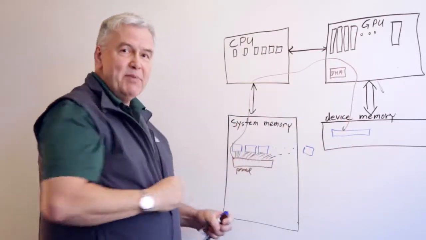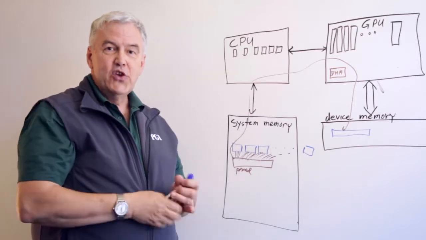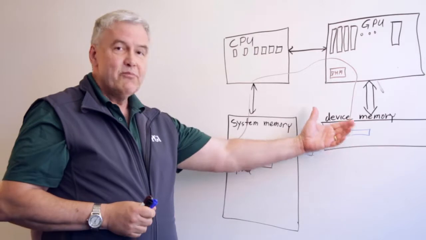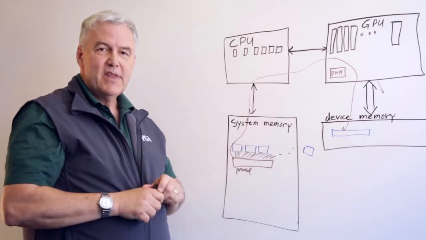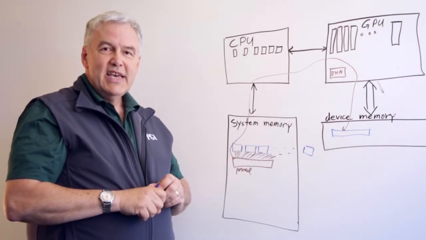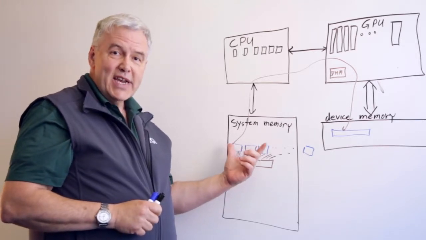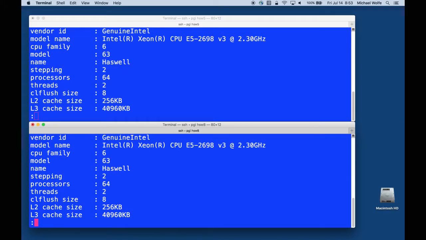So this data copy is extra overhead that you need to do to get data from one side to the other, and bringing it back is the same in reverse. What we're going to be looking at is how to allocate the user data in pinned memory directly to avoid this extra data copy.